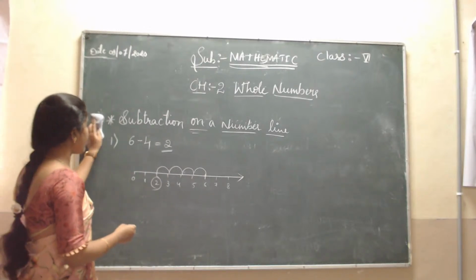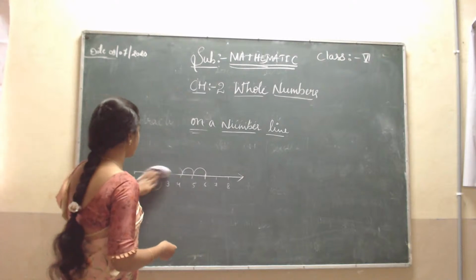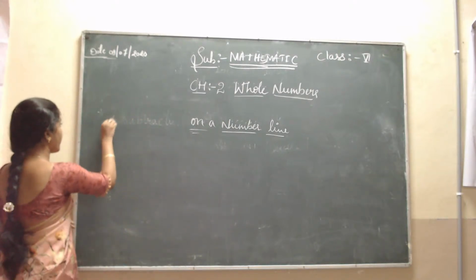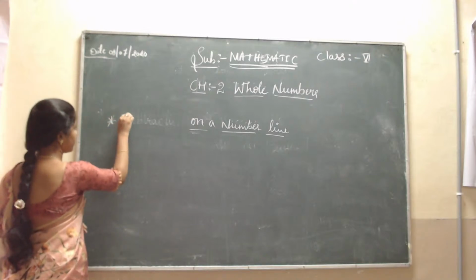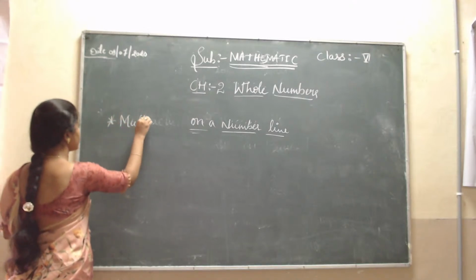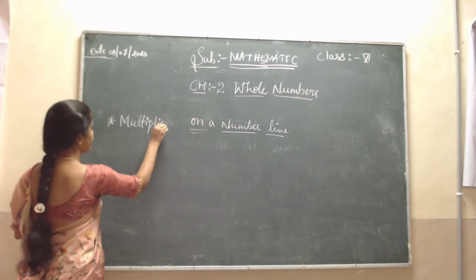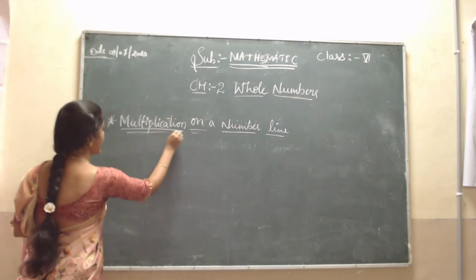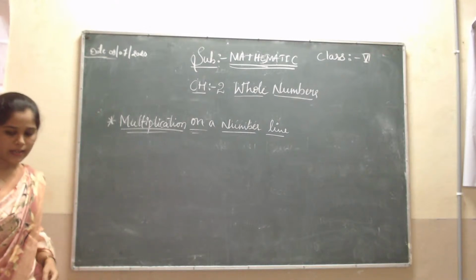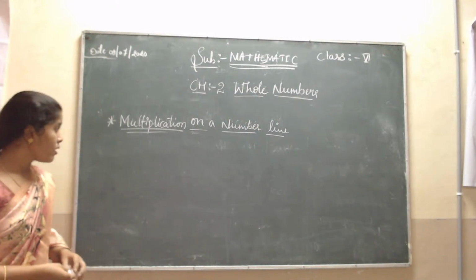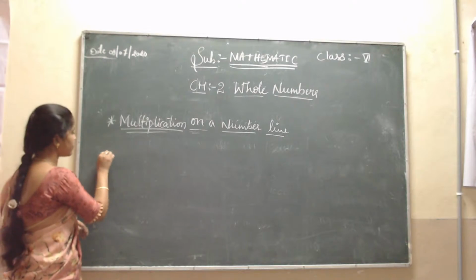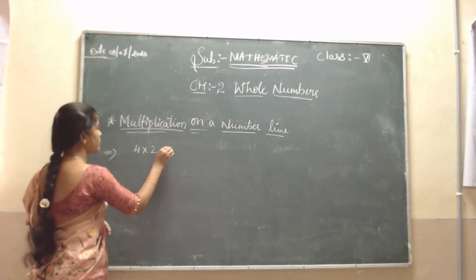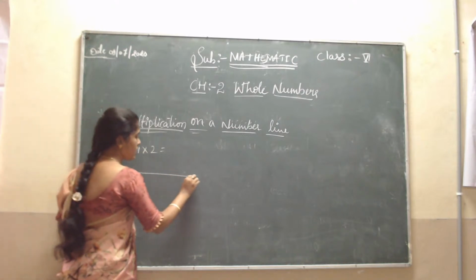The third one is multiplication on a number line. See here, 4 into 2. 4 twos are how much?